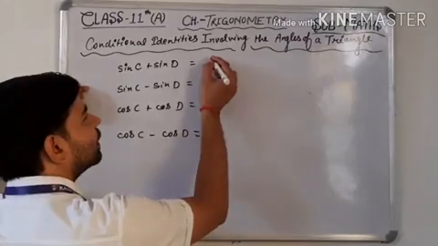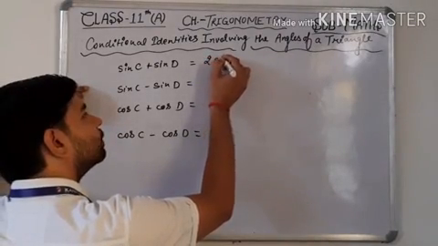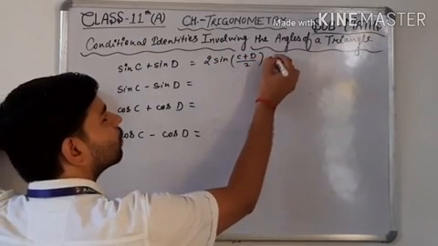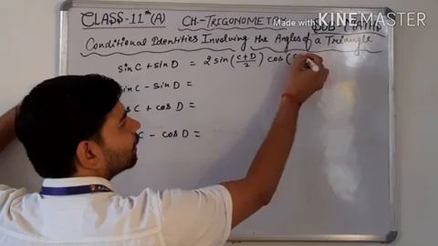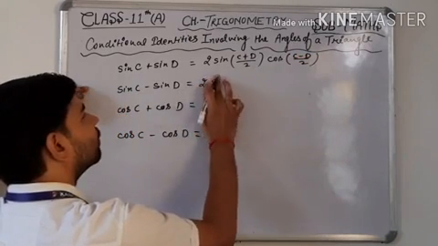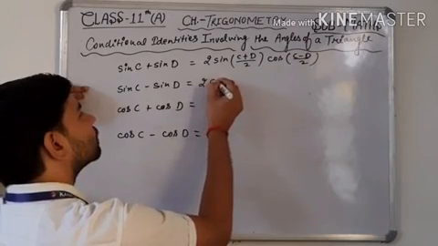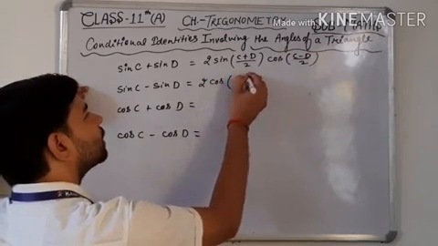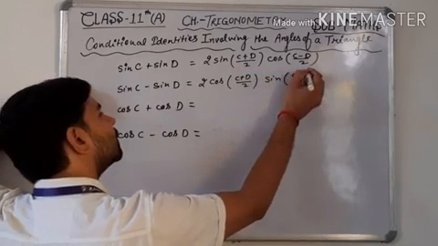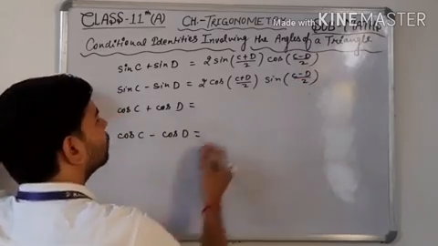Sin C plus sin D is equal to 2 sin (C plus D)/2 cos (C minus D)/2. Sin C minus sin D equals 2 cos (C plus D)/2 sin (C minus D)/2.